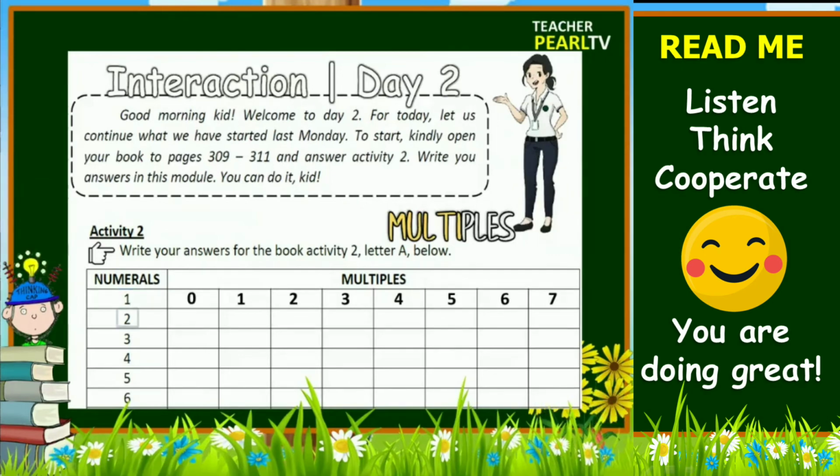Now, for number 2. The multiples of 2 are 0, 2, 4, 6, 8, 10, 12, and 14. Now let's have 3. The multiples are 0, 3, 6, 9, 12, 15, 18, and 21.